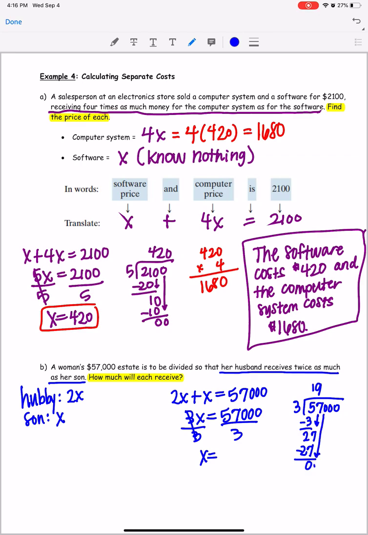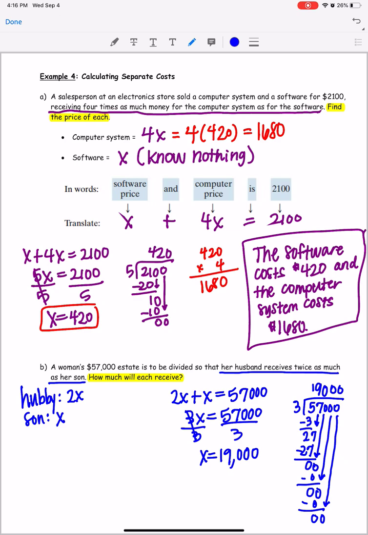So bring down 0. 3 goes into 0, 0 times. 0 times anything is 0. Bring down your 0. 3 goes into 0, 0 times. And then your last one, 3 goes into 0, 0 times. So this is 19,000. We are not done.